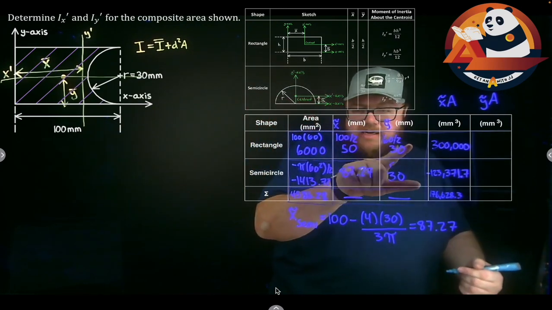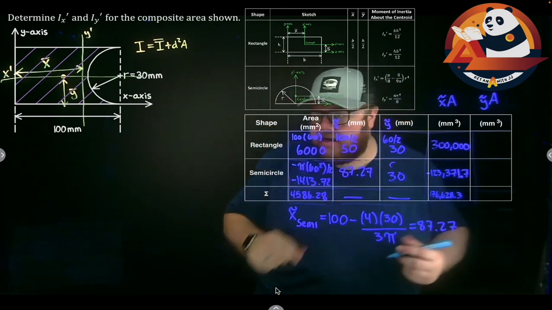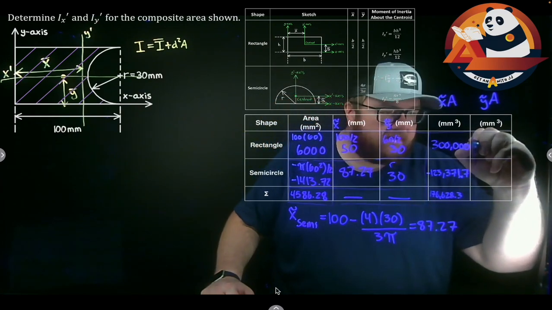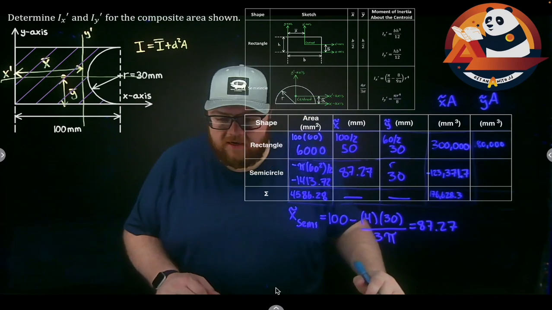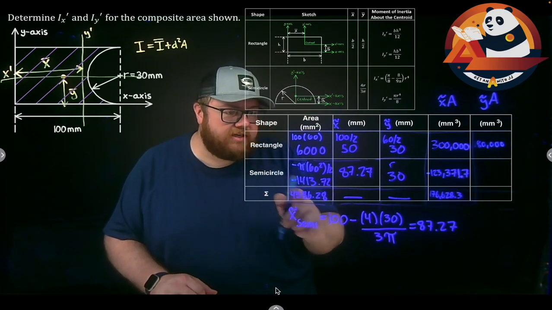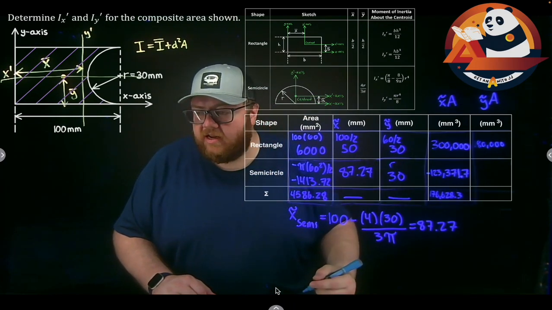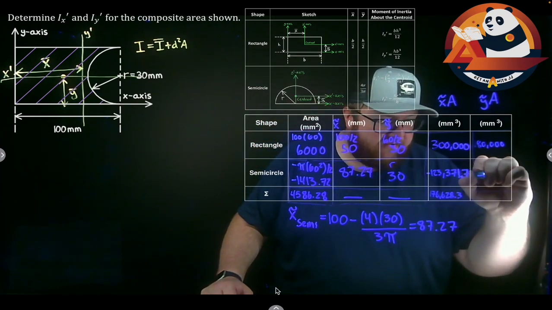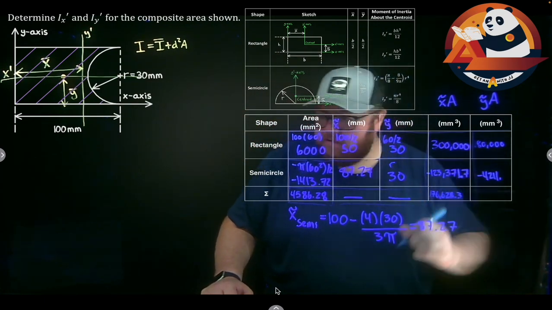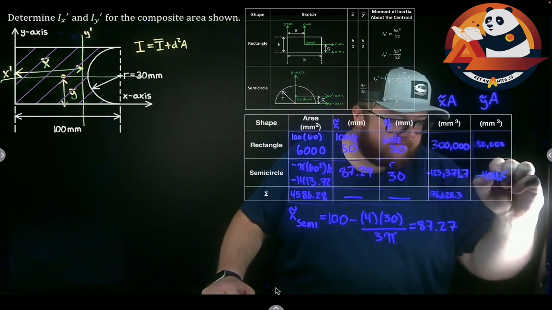Then we're going to repeat that for my y tilde a calculations. So I'm working with y tilde and my area. 6,000 times 30 is 180,000. Negative 1413.72 times 30 is going to give me negative 42,411.5.